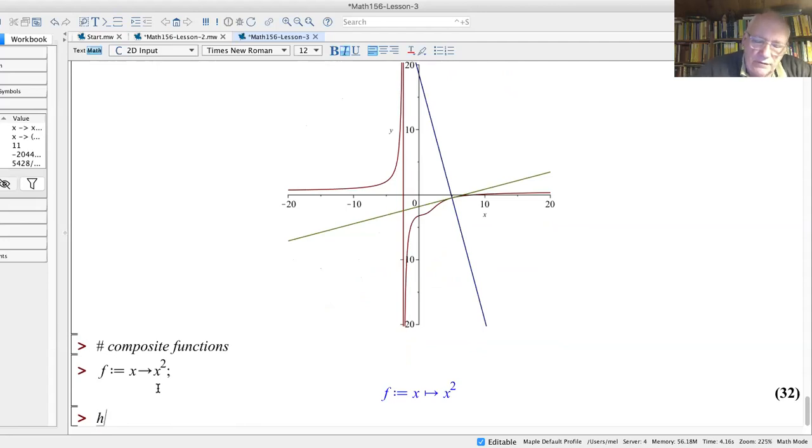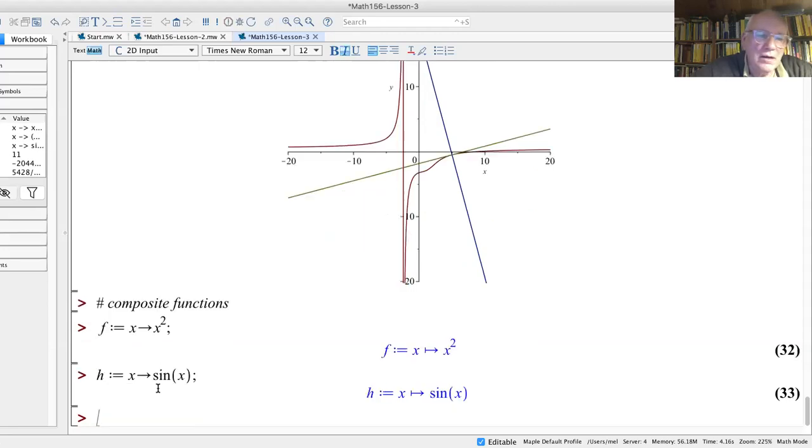Suppose I define a function h, x goes to sine of x. The composite function, let's try this. F, composed with h.